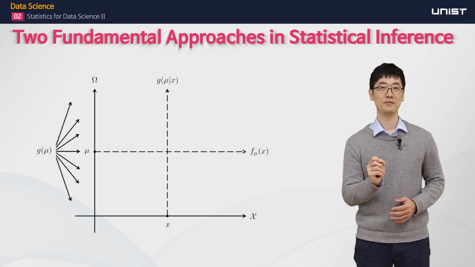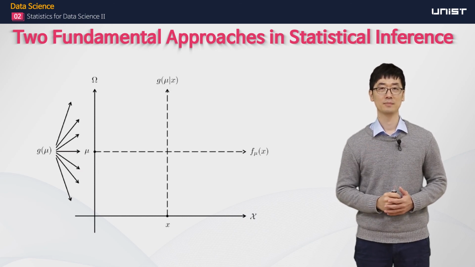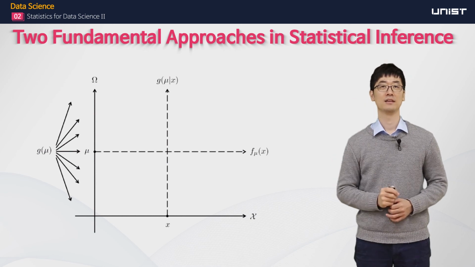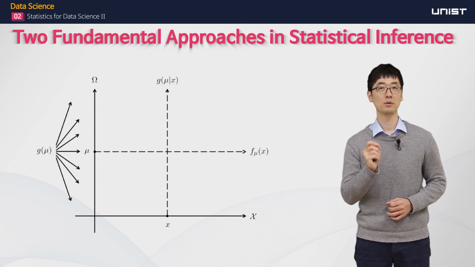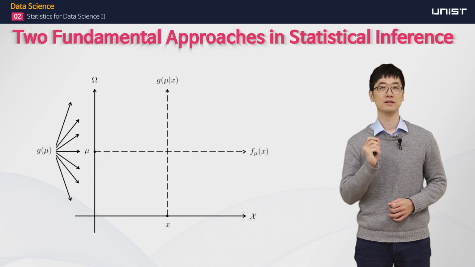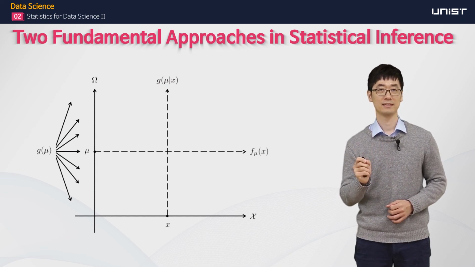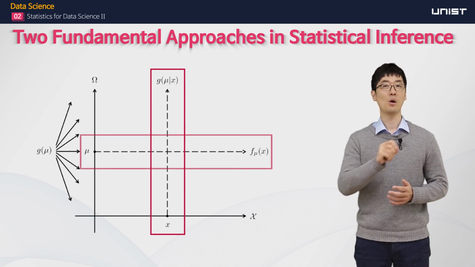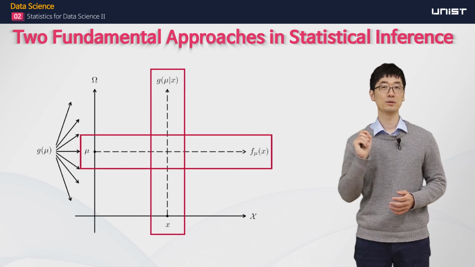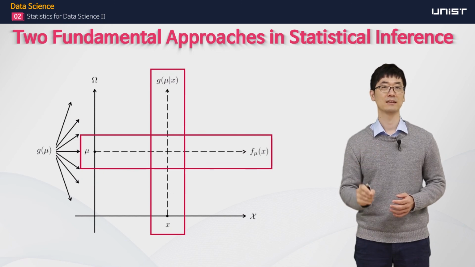As shown in the figure, Bayesian inference proceeds vertically, with x fixed according to the posterior distribution g over mu given x, while frequentists reason horizontally, with mu fixed and x varies.